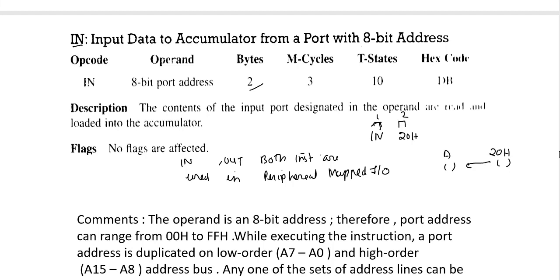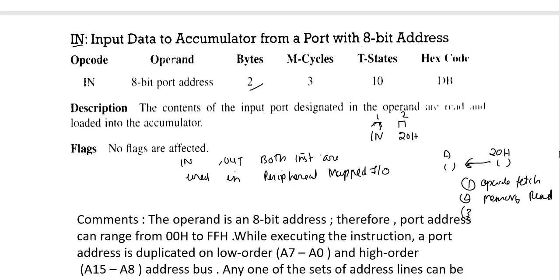If we talk about machine cycles, obviously it has at least 2 machine cycles. One is opcode fetch, and another one is memory read. Now we will see what operation it is carrying out. It is reading the data from the port and moving it to the accumulator.